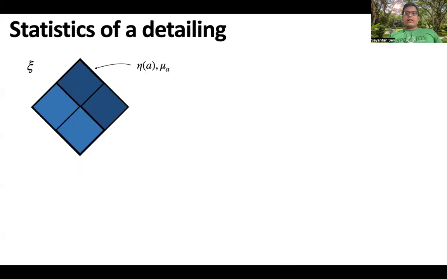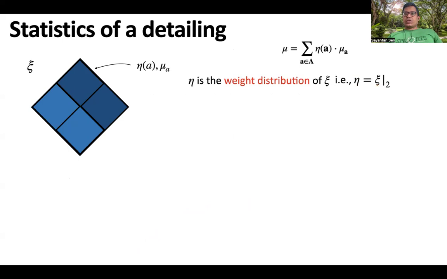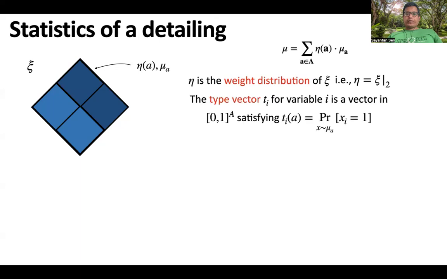Now, once we have defined the notion of a detailing, we consider the statistics of a detailing. Let us assume that our underlying distribution is mu and xi is one of its detailings. The associated weight eta corresponds to the weight distribution of xi, which is also the second projection of xi on its second coordinate.